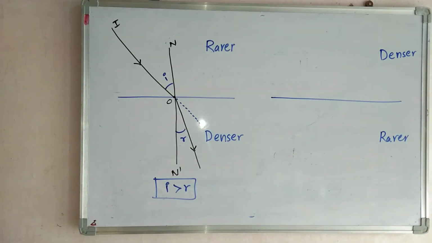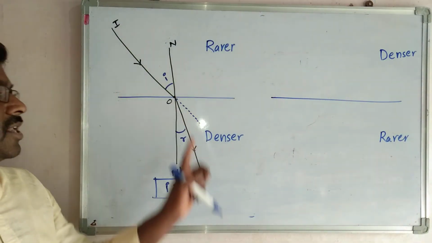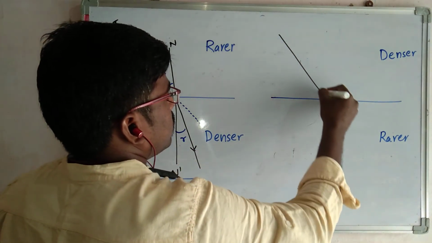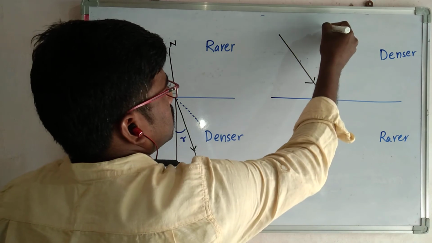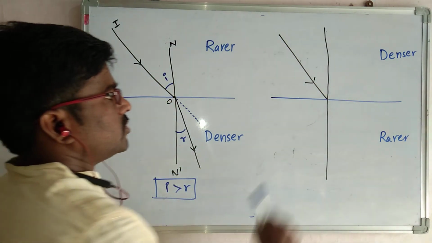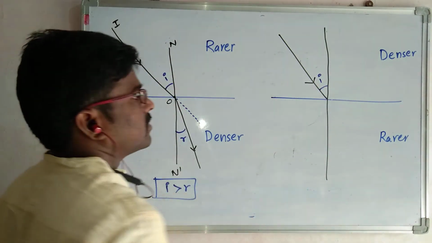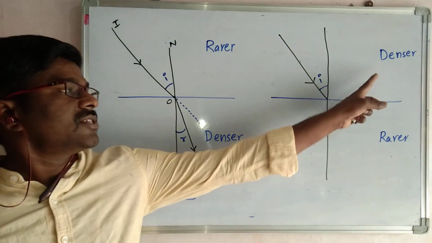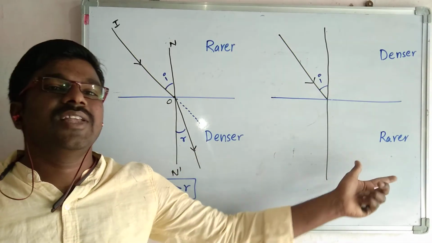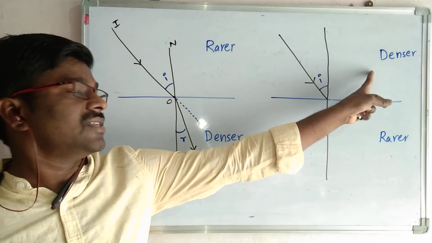So, in a similar way, let's consider when a light ray moves from denser to rarer, what will happen? This is rarer to denser and this is denser to rarer. See here, this is one of the light rays and this is the normal at the surface of the two mediums. This is known as the incident angle I. Now, when the light ray moves from denser medium to rarer medium, the speed of the light increases compared to the denser medium.